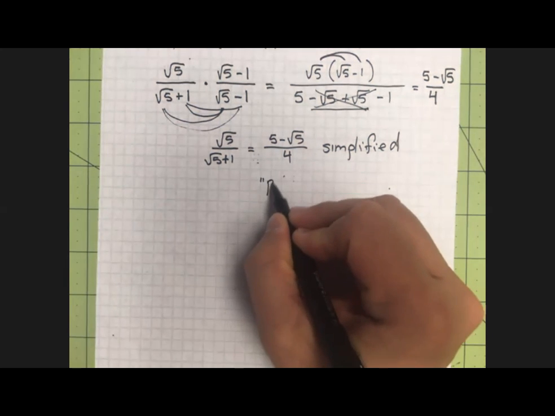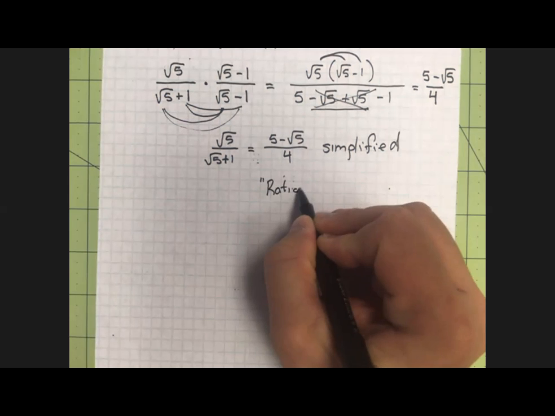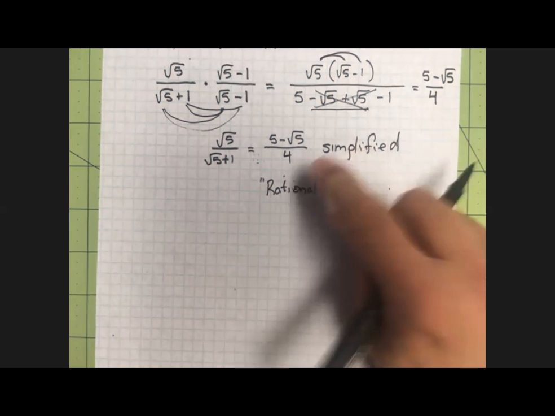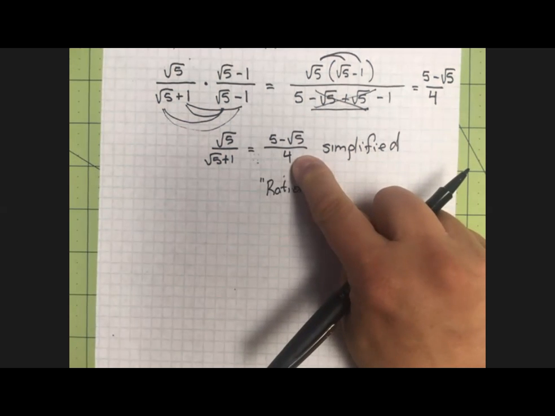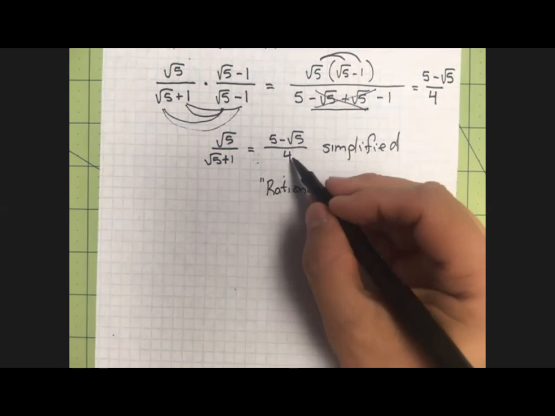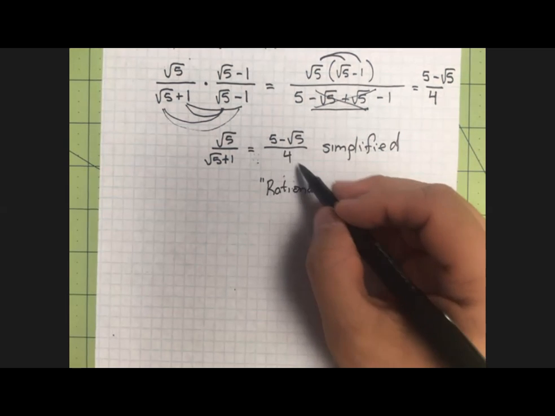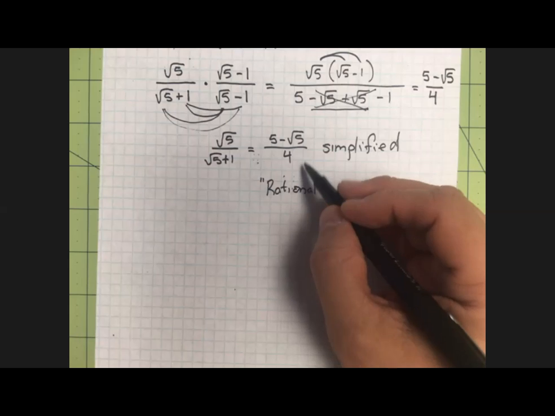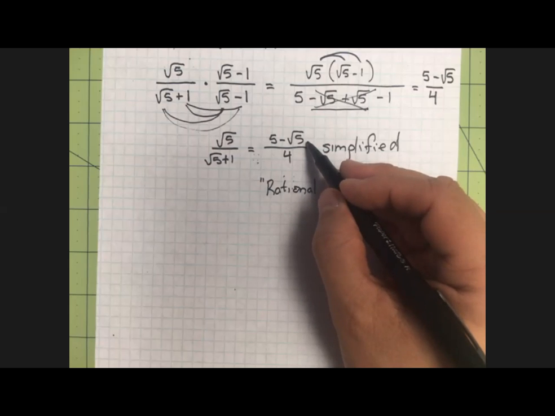So whenever someone uses that word rationalize, what does it mean to rationalize? It means to make that denominator empty of radicals. Why don't they call it radicalize or unradicalize? It's because you're making a rational expression where the radical is in the numerator.